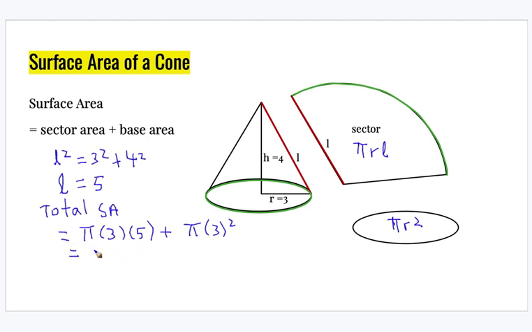Now, it is good to work everything in pi first. 15 pi plus 9 pi, which is 24 pi. So when there's only a single pi, then we use the calculator to get our answer, 75.4 cm squared.